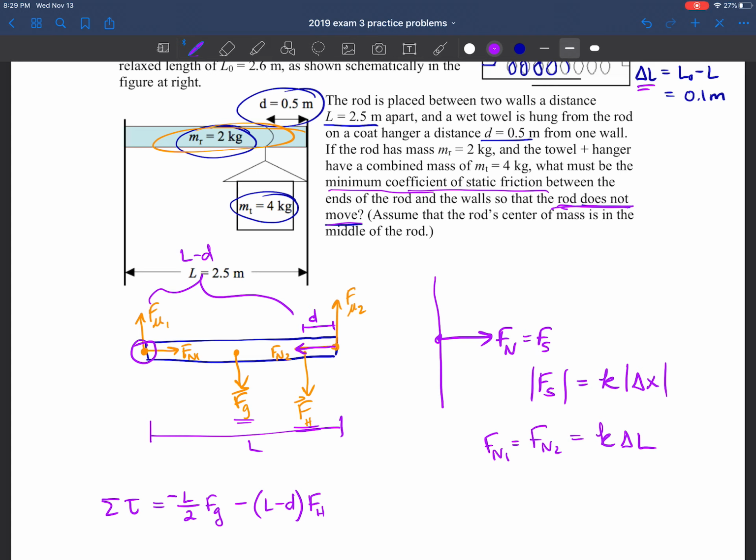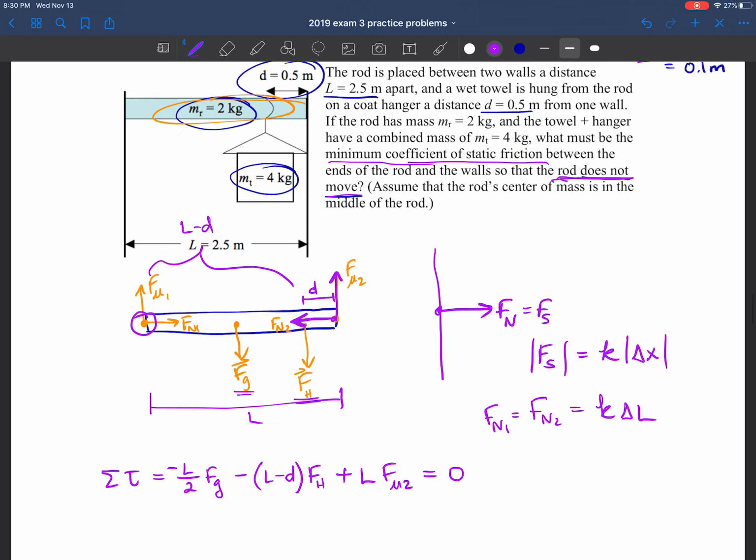And then what about the normal force? Fn2 has no component that's perpendicular to the lever arm, so that does not exert a torque. But the force of friction does, and it exerts a counterclockwise torque, so it's going to be positive, and it's at a distance L from the pivot, and we multiply by F mu2. And that has to sum to 0.